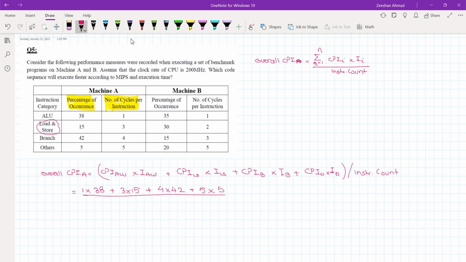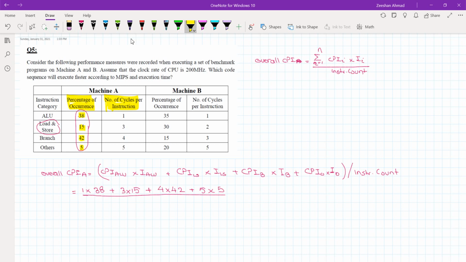So how many instructions do we have here? We can find from here that in my program, 38 instructions were ALU type, 15 were the load and store, 42 were the branch, and 5 were the other instruction.